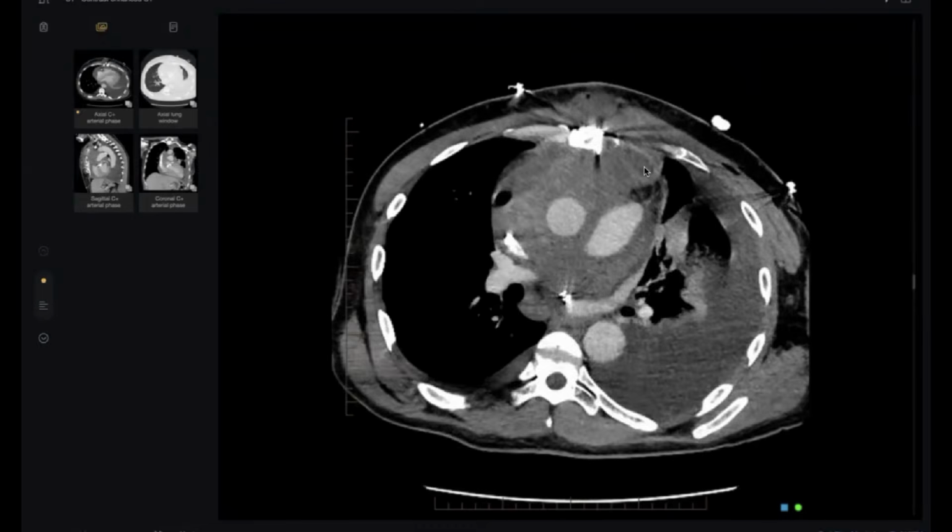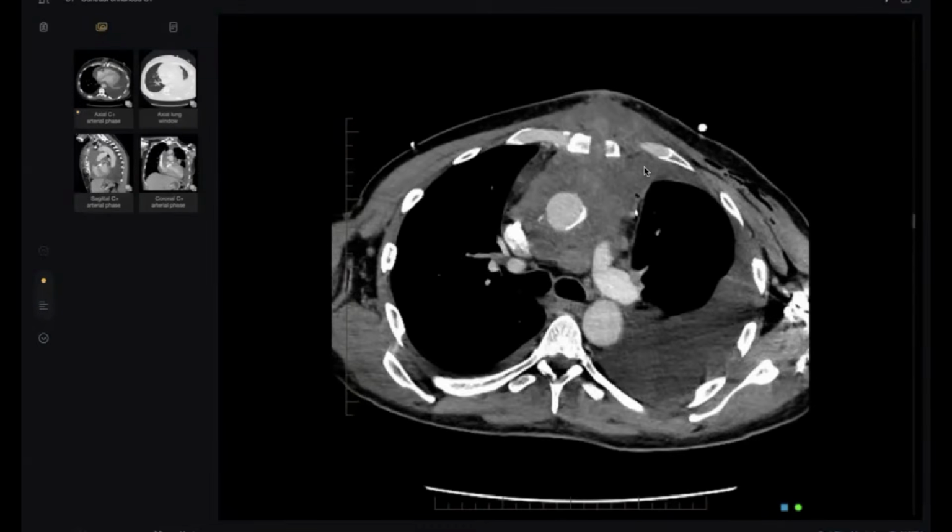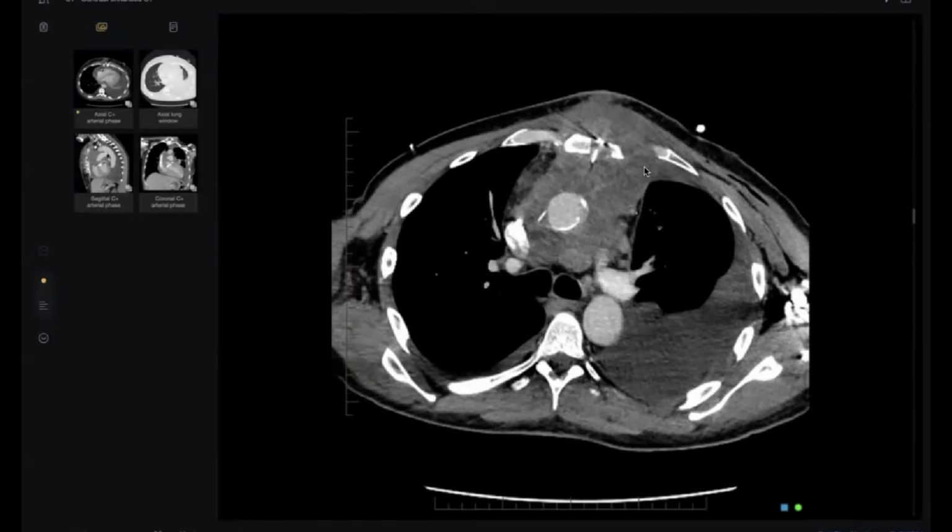There is a left-sided pleural effusion with the underlying lung collapse. What's your opinion? This is post-surgical infection, dehiscence with collection and mediastinitis.